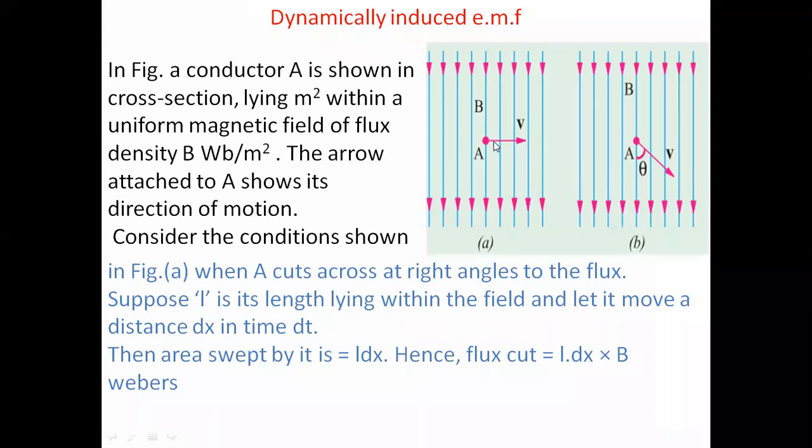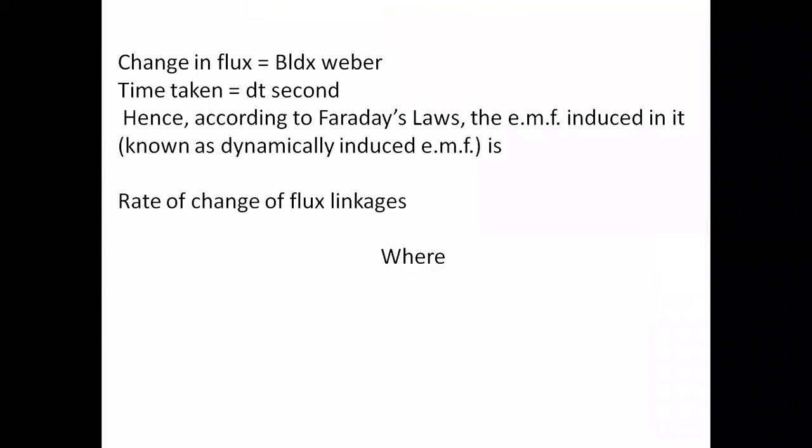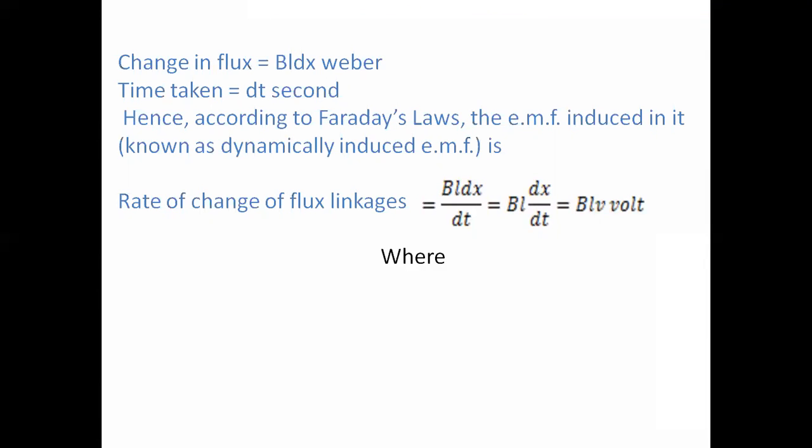Consider a conductor moving from left to right from the point A. It moves a distance of some x within a given time period t, that is dx by dt, which represents the velocity. Change in flux is given as BL into dx, so the rate of change of flux linkage is equal to BLV volts.